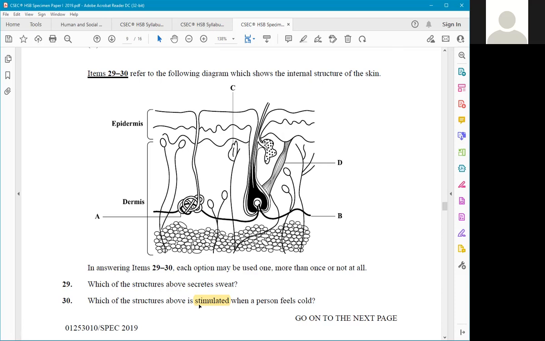So if a student were to give me C, I would give them the correct answer because it is ambiguous. And CXC is looking for D. Of course, what I explained in D would happen when the person feels cold. But how would the person know that they feel cold? A receptor has to be stimulated, which is what they showed me here.